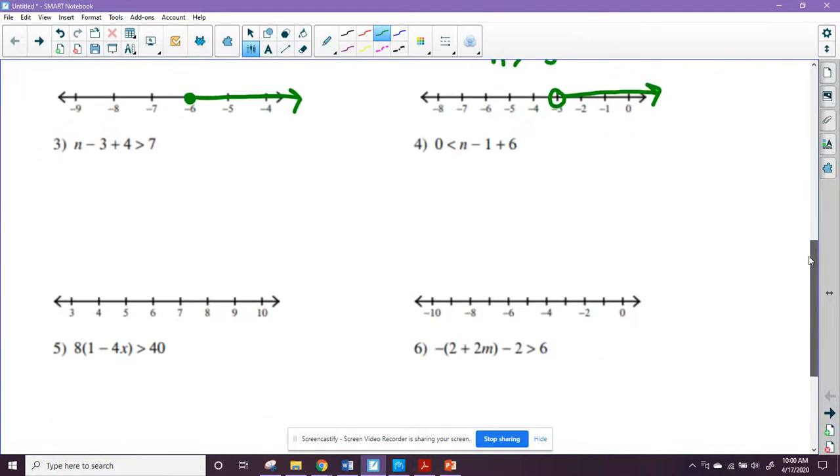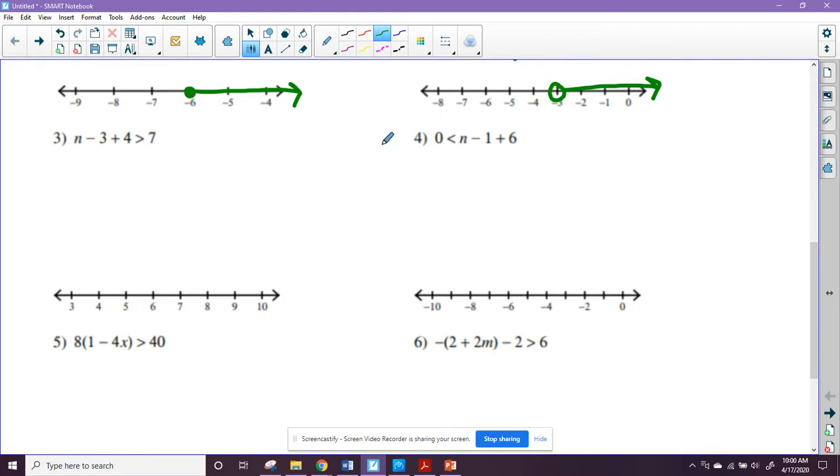Okay, let's look at number 3. So there's no parentheses, so we have to combine our like terms. We have negative 3 plus 4. Negative 3 plus 4 gives us a positive 1. So we get n plus 1 is greater than 7. Do we have any numbers that we need to move to the other side to get n by itself?